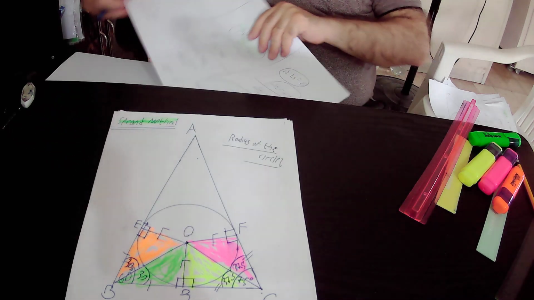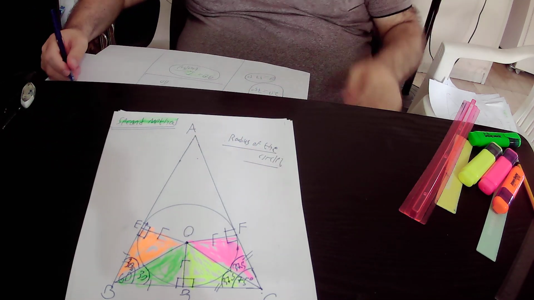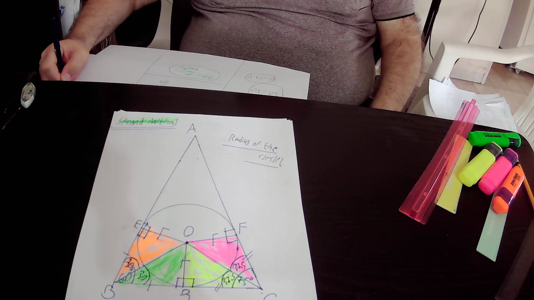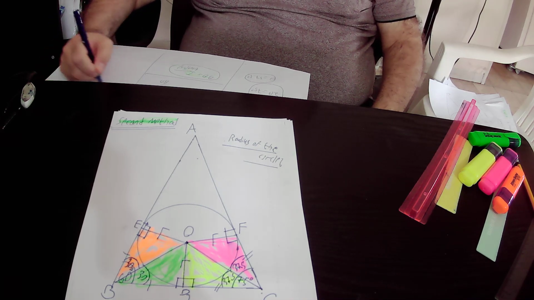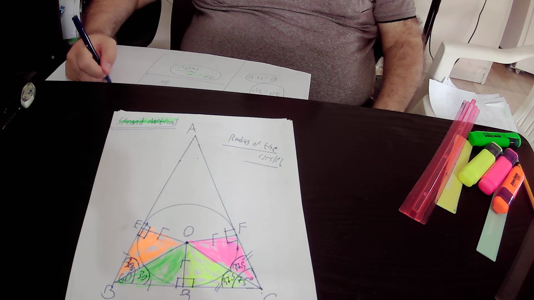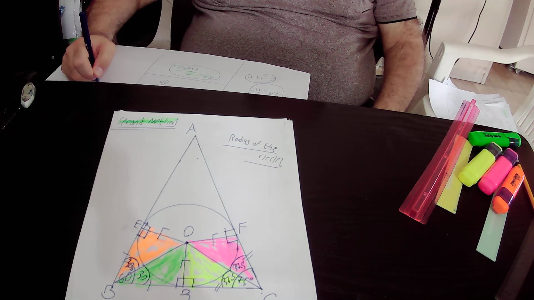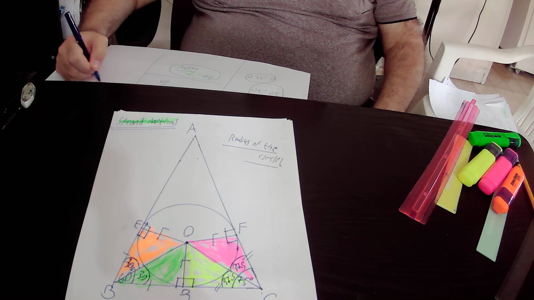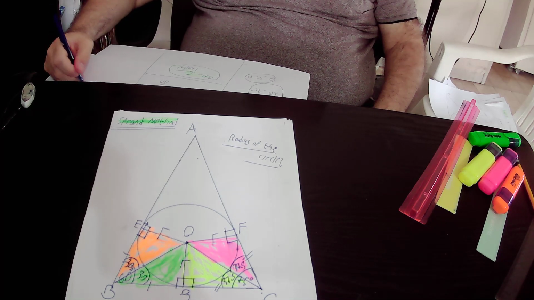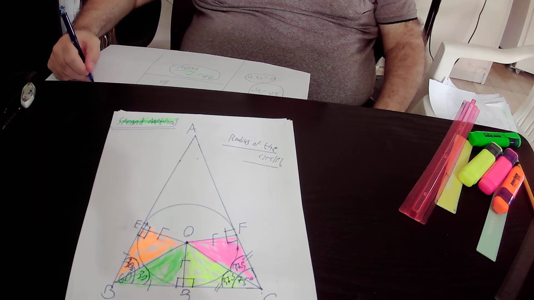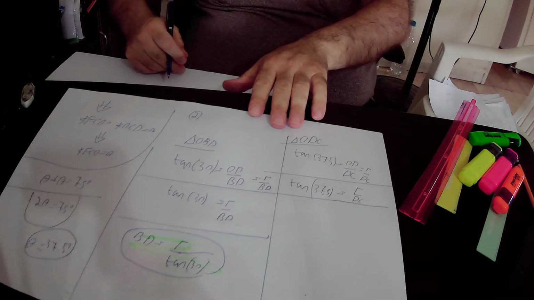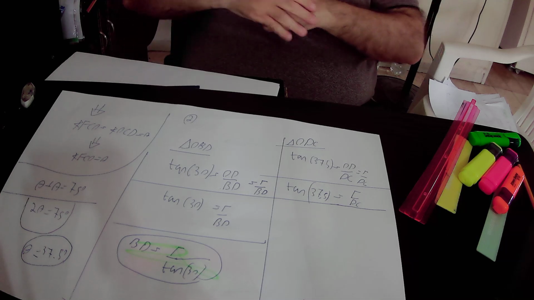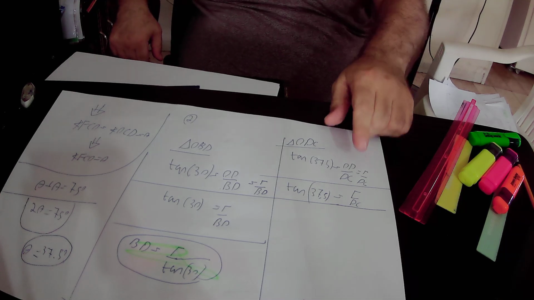Here OD equals R, so we'll substitute OD by R, and DC is the missing variable. So we found out that tangent 37.5 degrees is equal to R over DC.